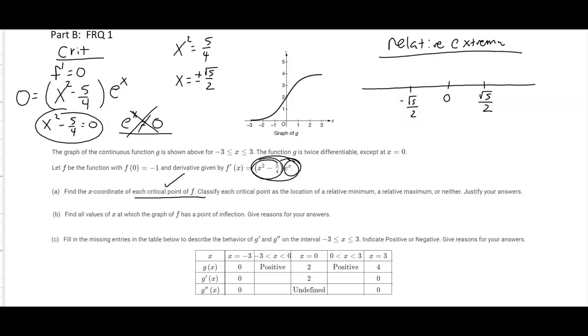And we just want to know, are these relative mins or maxes? So now, maybe you don't know what this is. I know that the square root of 4 is 2, but this is the square root of 5, so it's going to be a little bit more than 2. If you divide a number that's a little bit more than 2 by 2, you're going to get a little bit more than 1.